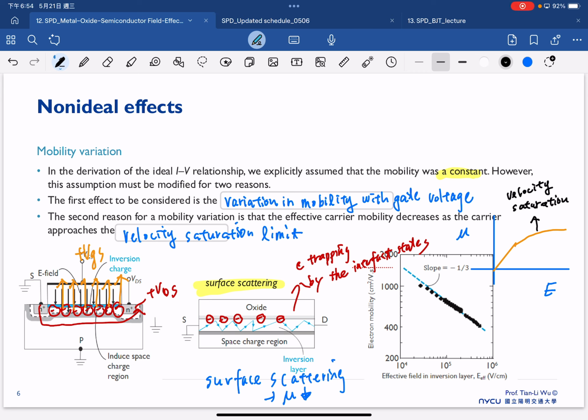And because of this velocity saturation, that will also cause mobility variation. So that's the more realistic non-ideal effect that actually happens in our transistor.